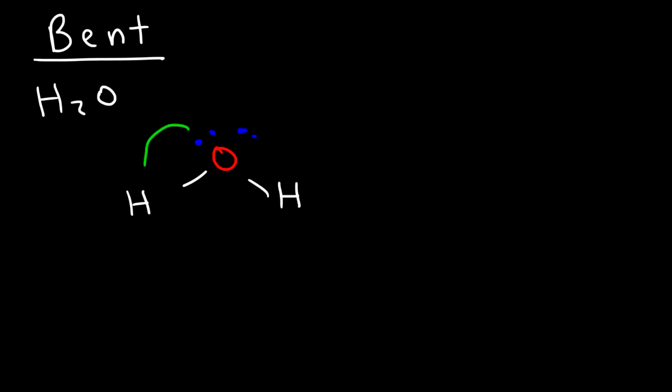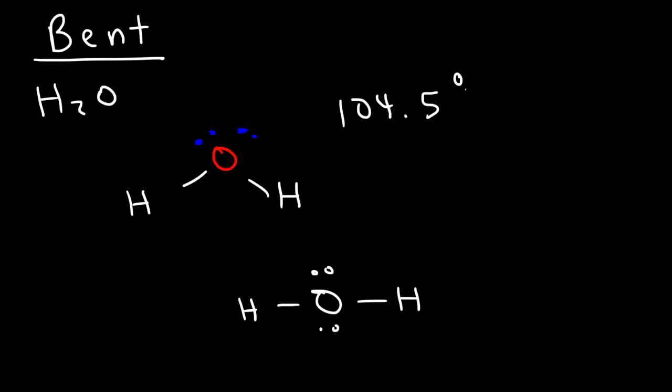Now perhaps you've seen water drawn like this, and this is a common mistake, so you don't want to do it. But rather, the lone pairs cause the hydrogens to be bent with respect to each other. And the bond angle for water is 104.5 degrees.